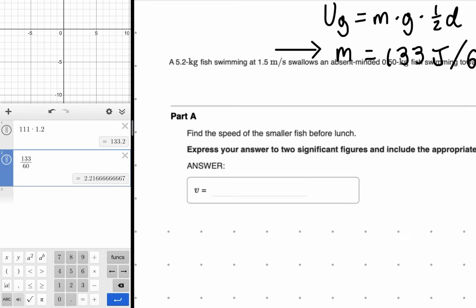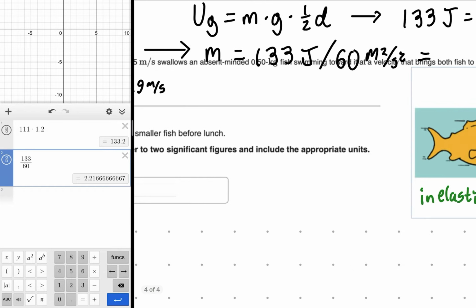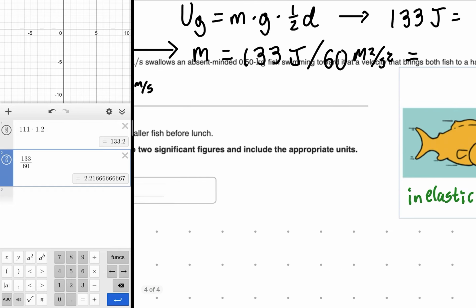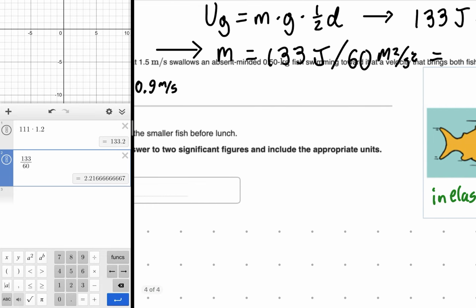So we have a fish, which I'm going to change its mass to 5.2 kilograms, a big fish. How about we have a little bit smaller, 4.4 kilogram fish that's swimming at a speed, well, that's a fast speed. I'm sure barracudas swim that fast, but let's have 0.9 meters per second as its swimming speed, okay? And then we're going to have our other fish that's about to be swallowed, our absent-minded one, which is the lighter, smaller fish.